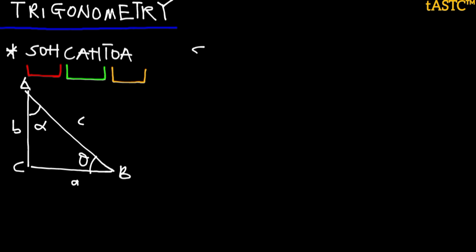Now, if you got sine theta, we know that sine has opposite and the hypotenuse attached to it. That means you're going to have opposite divided by hypotenuse.